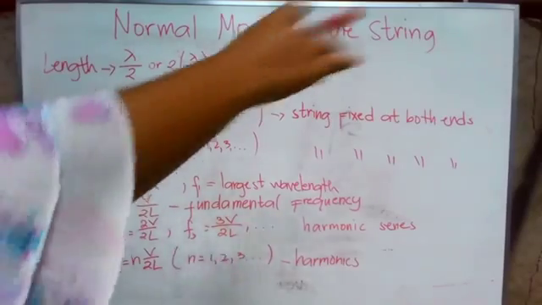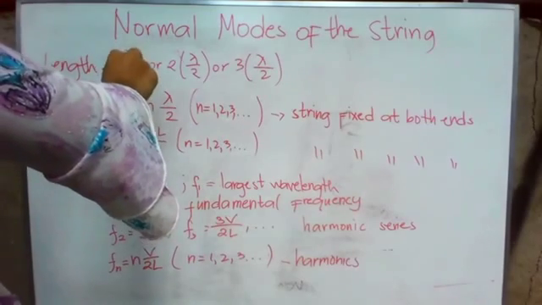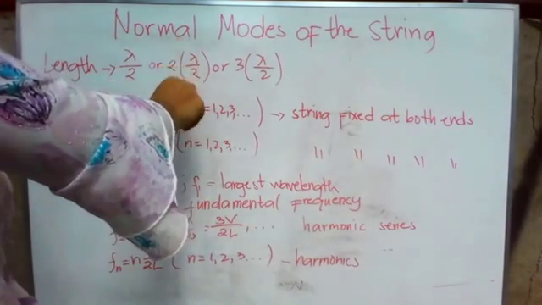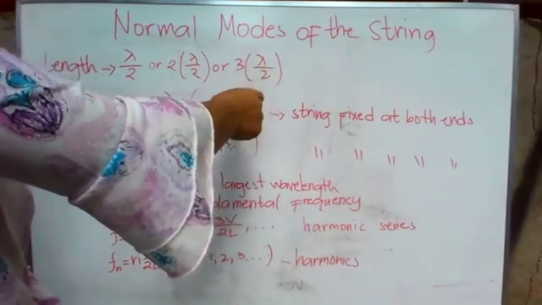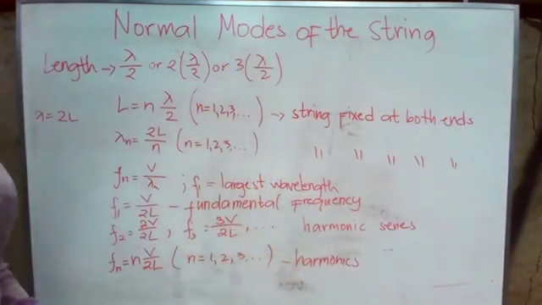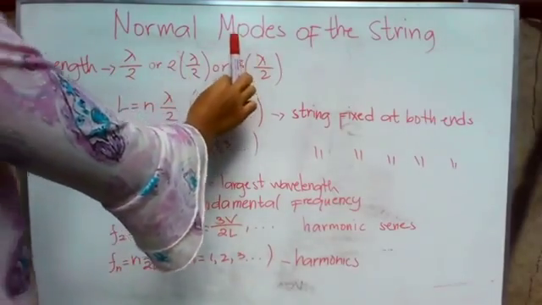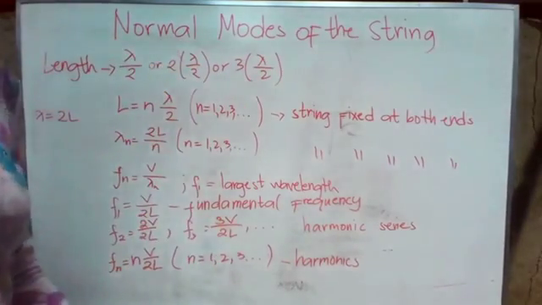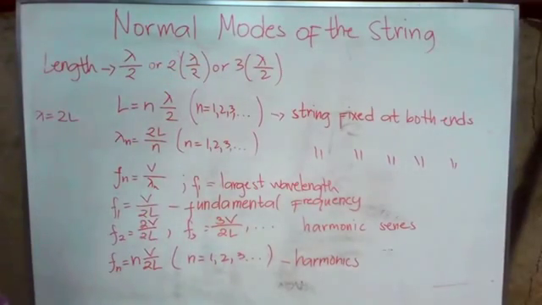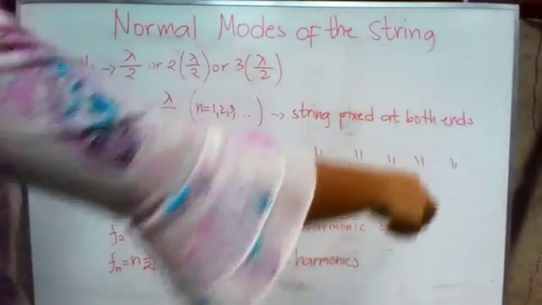So the length must be lambda over 2, or 2 lambda over 2, or 1 lambda, or 3 lambda over 2, or 1 and 1/2 wavelengths. So this is the series. Each node is separated by half of the wavelength. Now, this is for a string fixed at both ends.